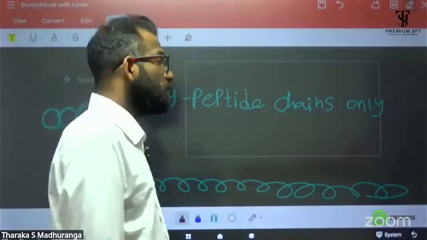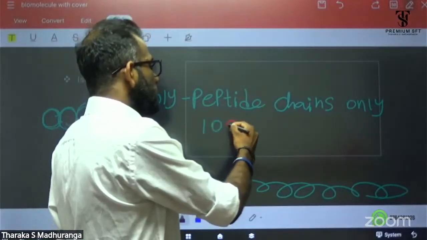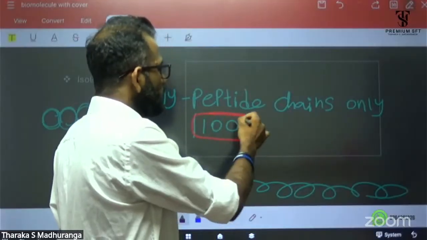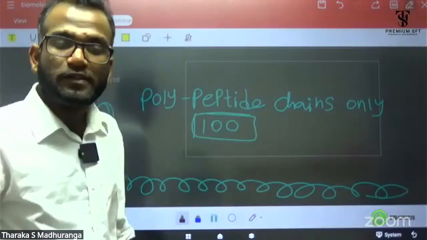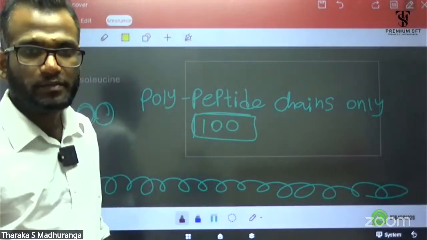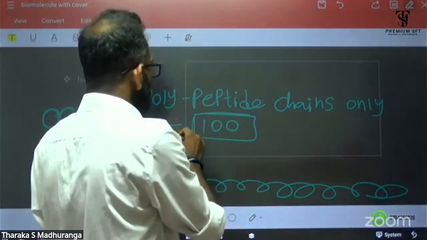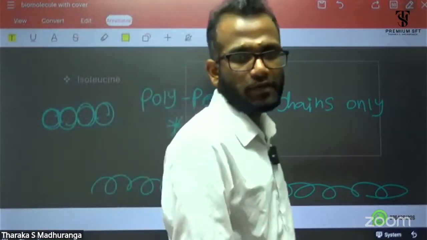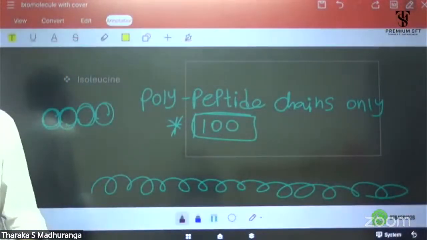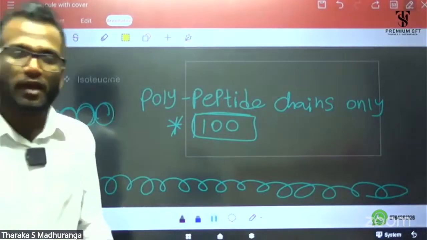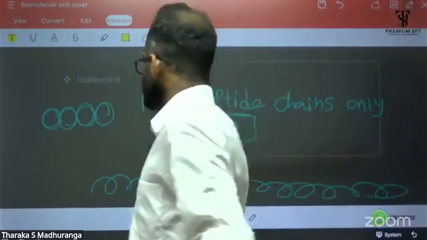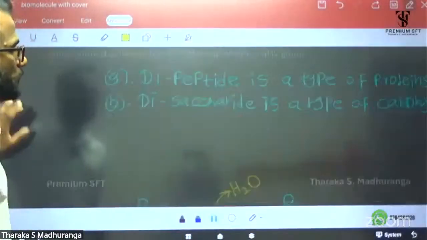Remember, the limit is 100. At least 100 amino acids should be in the polypeptide chain to be considered a protein. Polypeptide chains are the proteins. Understood? Yes, correct.